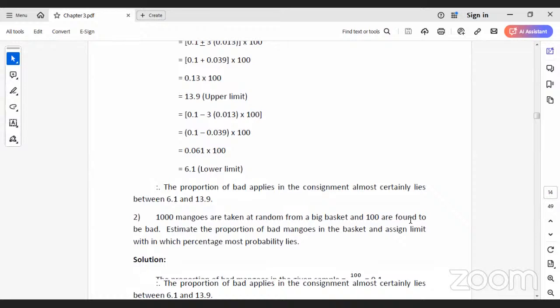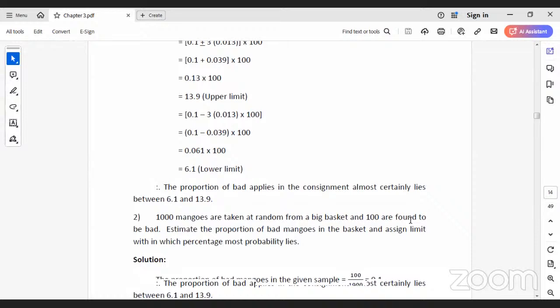Observe the next problem carefully. Okay, are you going through the next question?